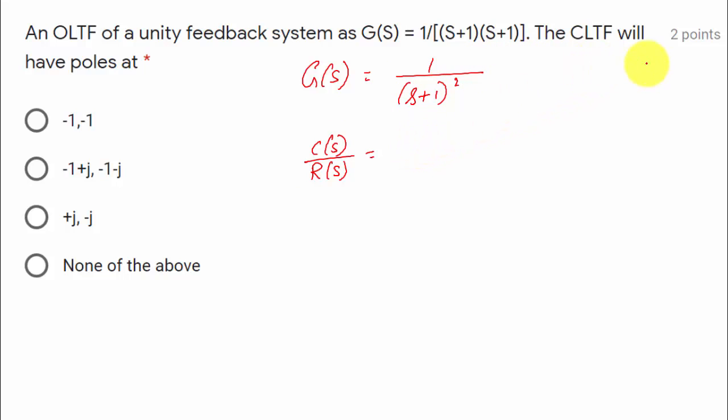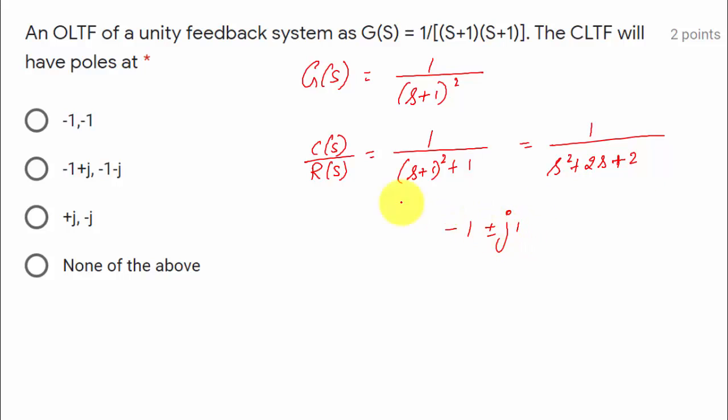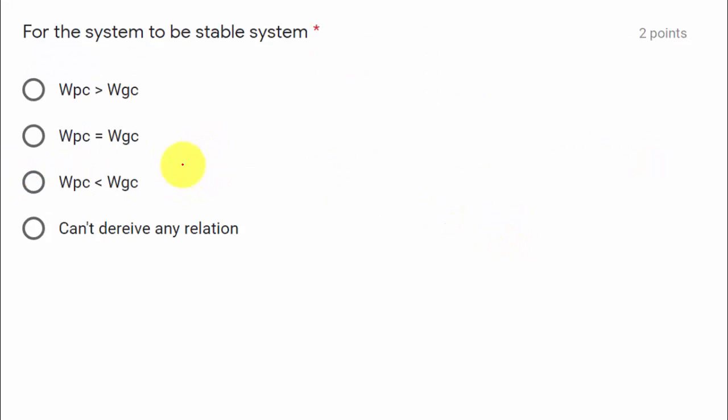If I want to talk about closed loop transfer function, that is C of s divided by R of s which is equal to 1 divided by s plus 1 the whole square plus 1. So what you will be getting is 1 divided by s square plus 2s plus 2. So in this case the poles are at minus 1 plus or minus j1. So the suitable option that is going to follow is option B is correct.